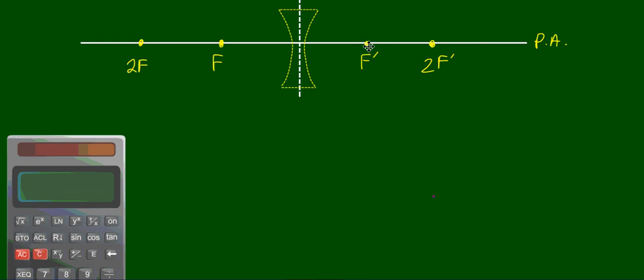And as a result, the focal length, by convention, will have a negative sign attached to it. This is very important for doing the mathematics, making sure that you have the correct integers to go with the mathematics. In this case, I'm just going to arbitrarily choose a focal length for this lens of 7.1 centimeters.